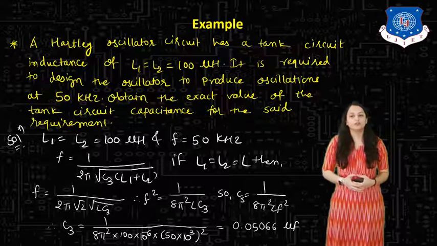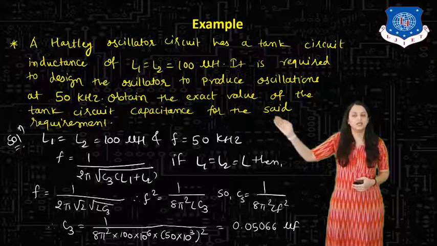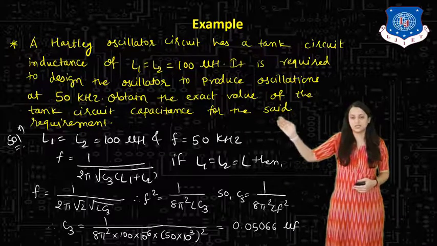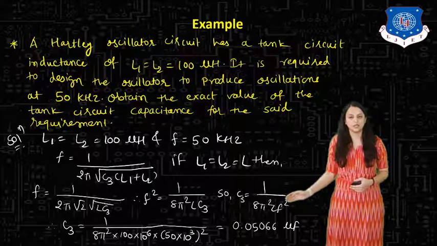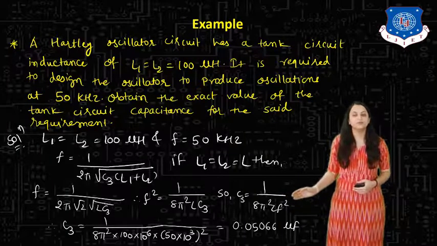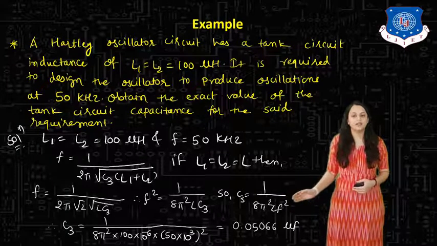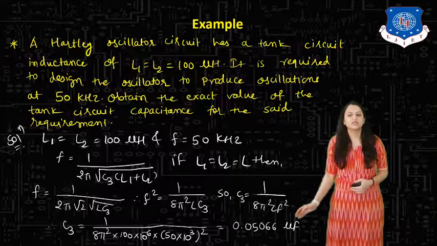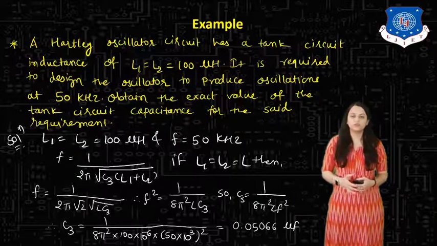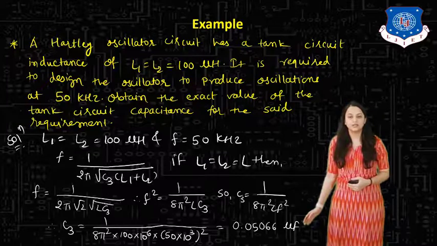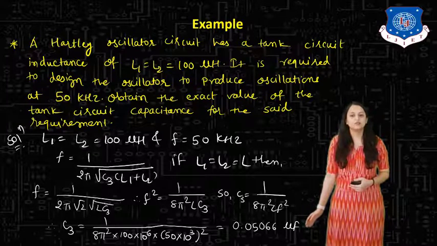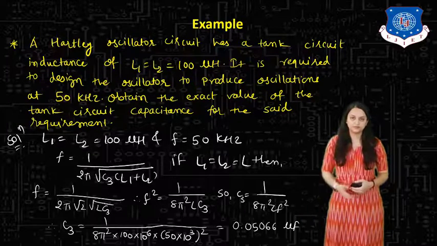We want to find the value of the capacitance, so we make capacitance the subject. So we will have C3 equals 1 by 8 pi square L f square. By placing the values of the inductors and output frequency, we can calculate the capacitance, which is 0.05066 microfarad.